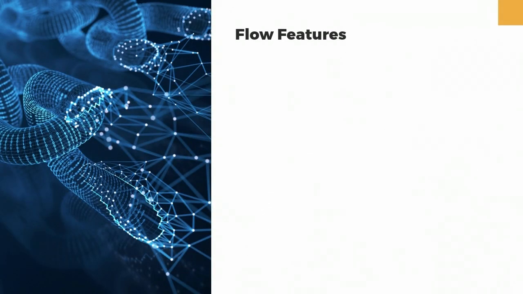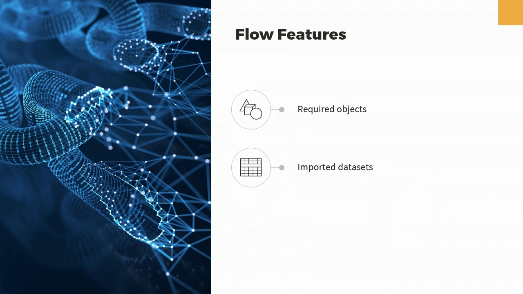Let's talk a little bit about some flow features. Flow objects can exist, and there are some required objects. Required flow objects create an end-to-end data pipeline, so I have to make sure that there are certain objects that I need to have. One of them is an imported data set object.